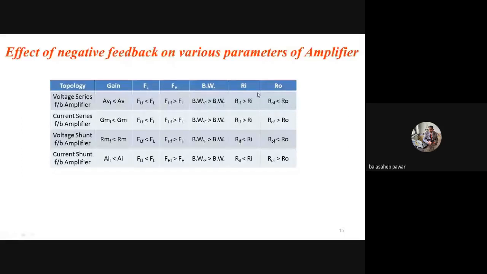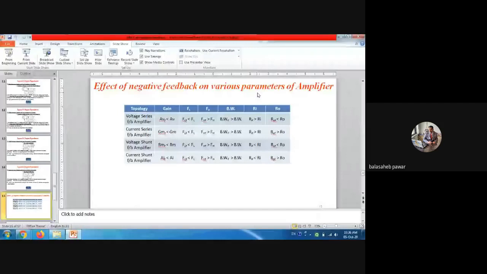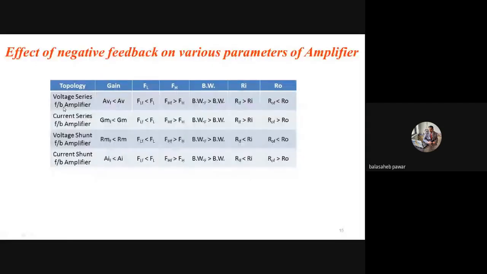Am I audible? Yes, sir. Okay. So is it clear for this first one, the voltage series feedback amplifier, how to remember the effect on input impedance and output impedance by using negative feedback? I will go on giving you hints. I will just repeat it again.